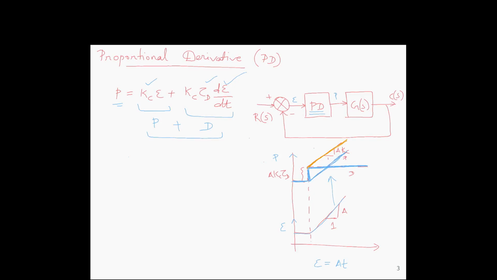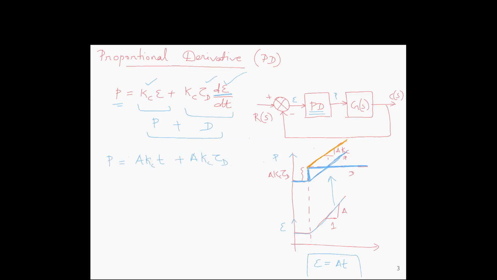It is taking the rate of change of error. So that is why it is called anticipatory control. We are taking the slope of the error to decide what control action is required to eliminate that error.